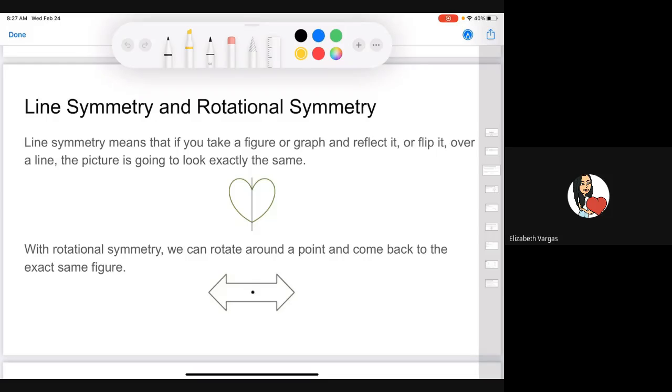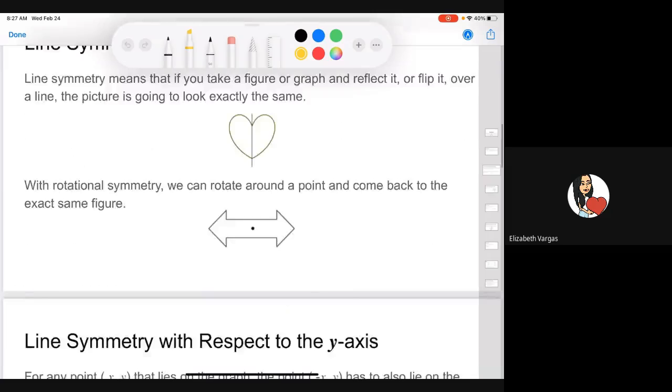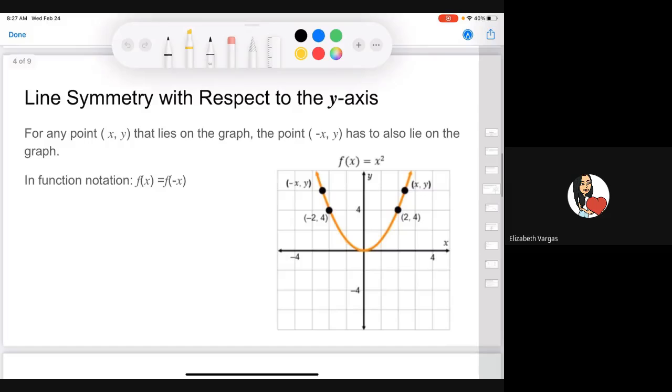So again, that's line symmetry and rotational symmetry. And so what does this mean? Well, we're going to see that we have specific line symmetry and rotational symmetry that correlates with even and odd functions. And so line symmetry with respect to the y-axis. So basically what that means is that we reflect something over the y-axis, the y-axis being this axis right here.